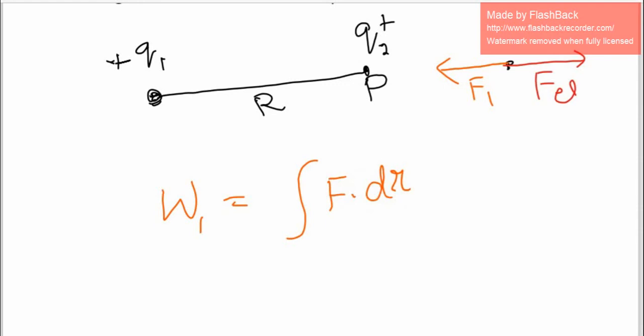Now see, the work is done by going all the way from infinity to r. The force on me is working from infinity to r.